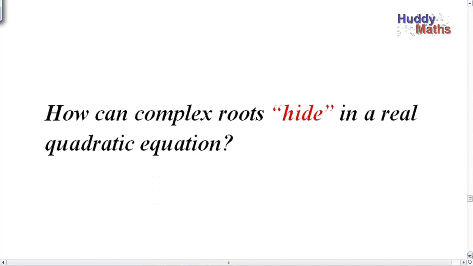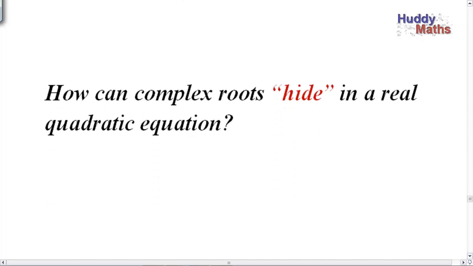Here's a hard question for you. How can complex roots hide in a real quadratic equation? What am I talking about there? How are they hiding? Well, what we saw before was something like x squared plus 5x plus 7 equals 0.